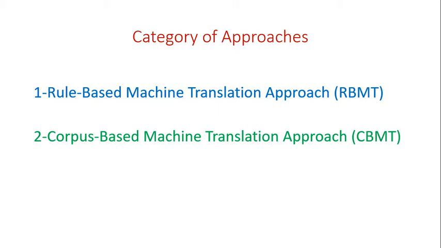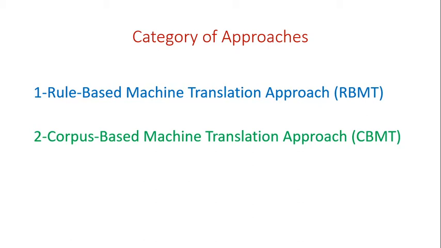Different authors, various scholars have categorized these approaches in different ways. But I think the best category, for us at least, as I said, we are non-technical people. We do not belong to the area of software engineering. Is this one? There are two major categories: rule-based machine translation approach (RBMT), and then corpus-based machine translation approach, which is CBMT.